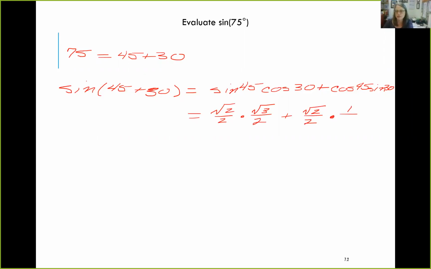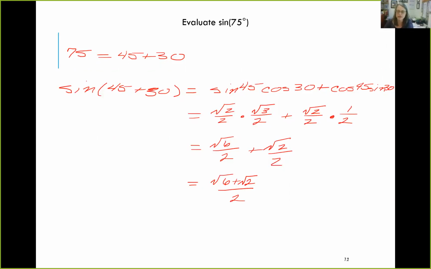So this is square root of 6 over 2 plus the square root of 2 over 2. So we've got now the exact value for the sine of 75 degrees.